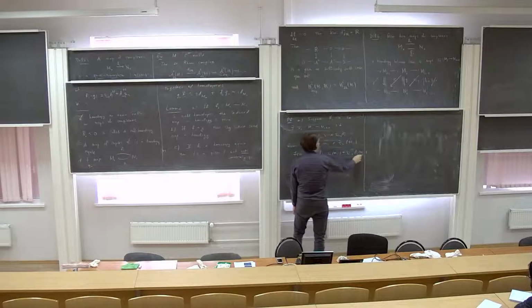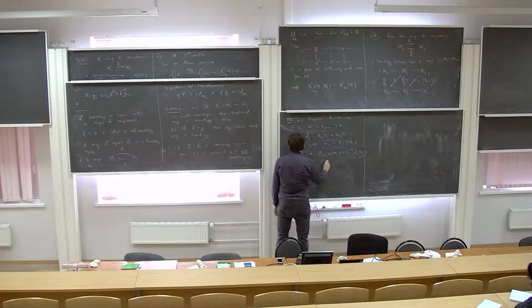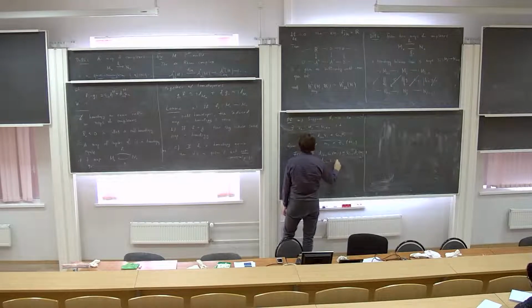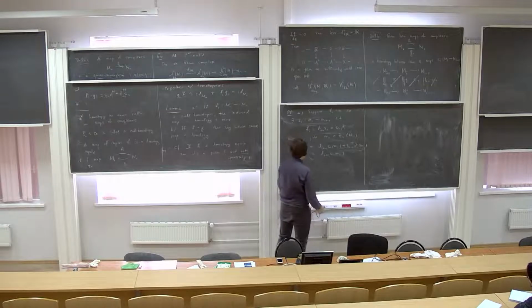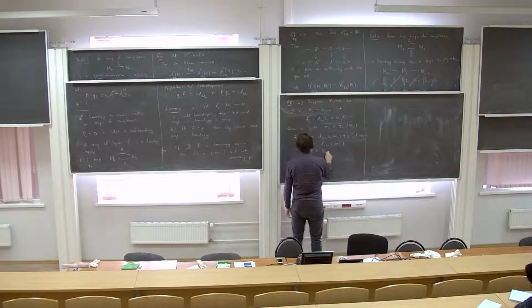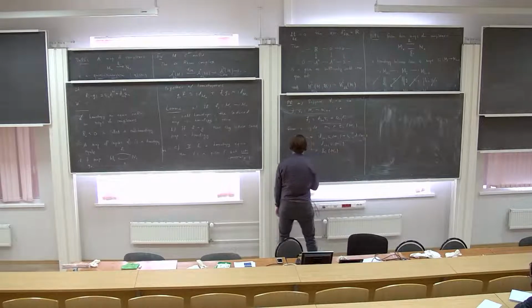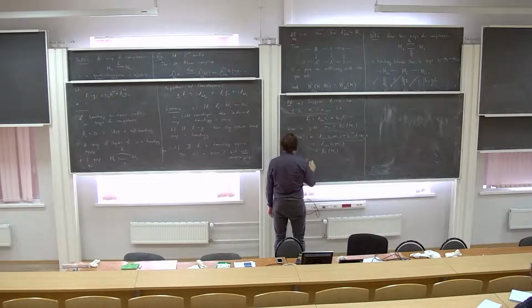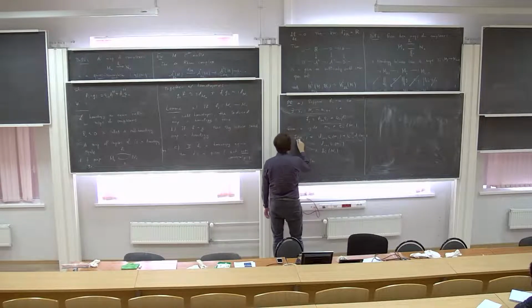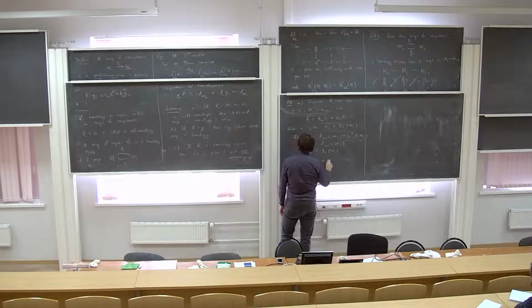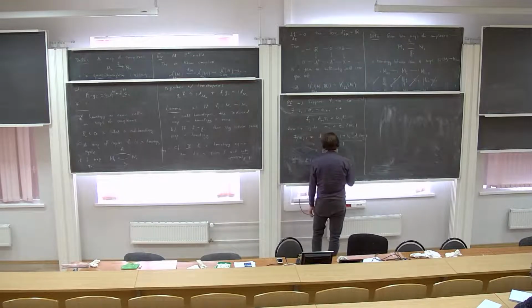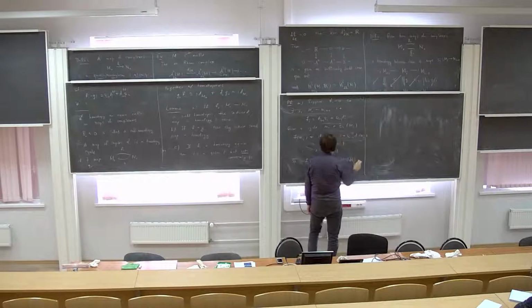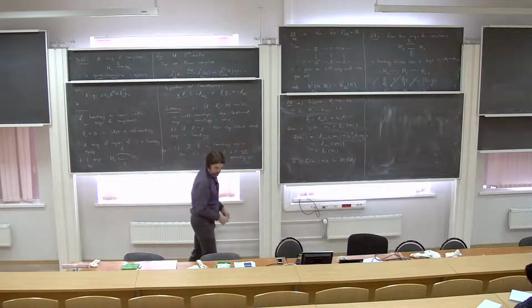But it was a cycle, so this term is 0. And this is a boundary. So the image of this is 0 in homology because it lies in the thing that we factored out. Okay, very good.